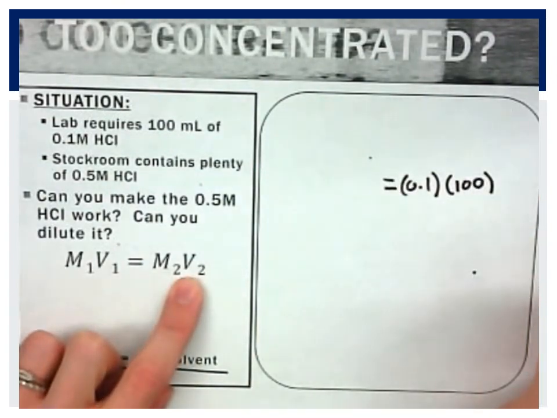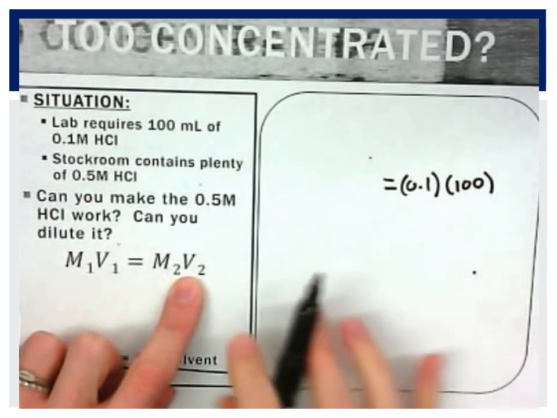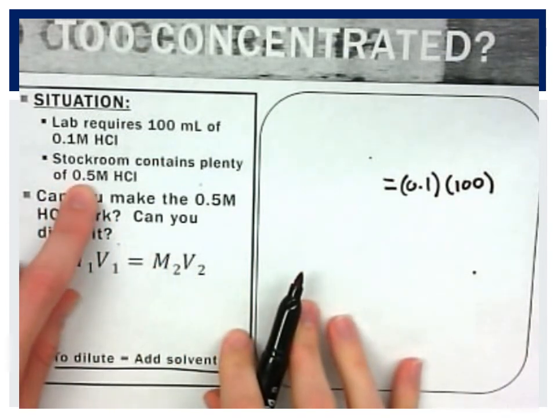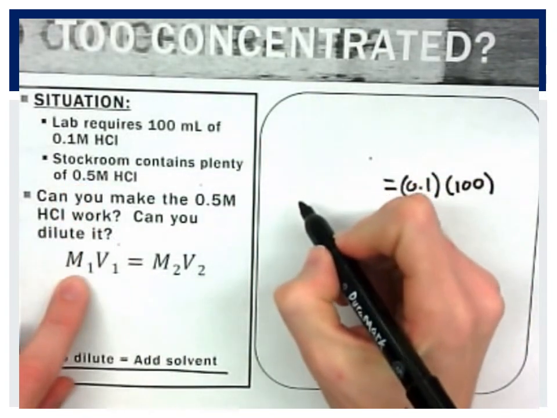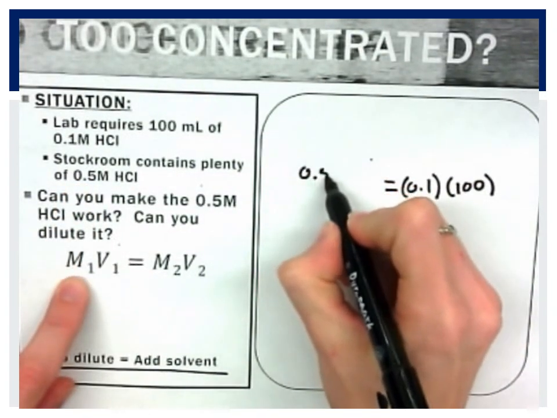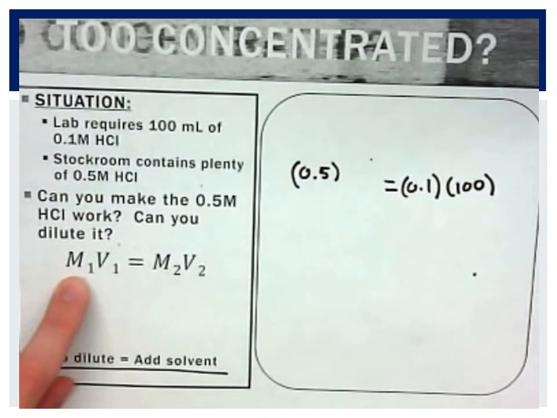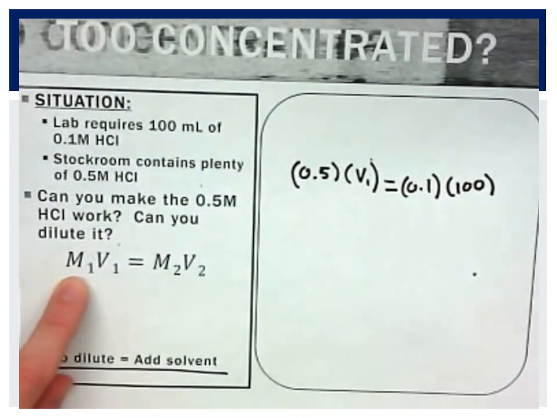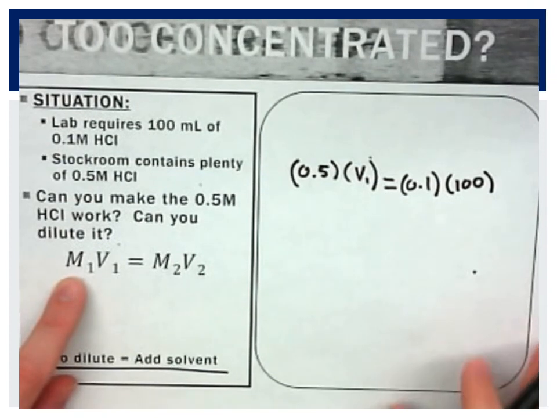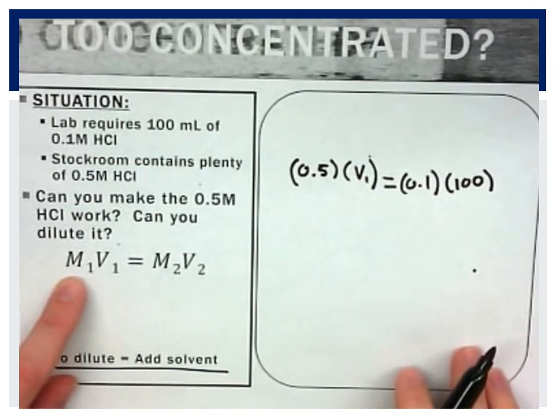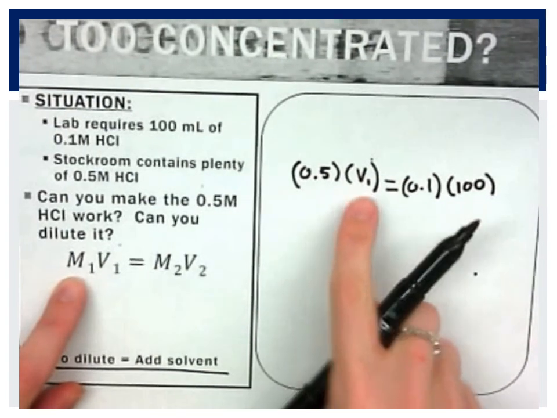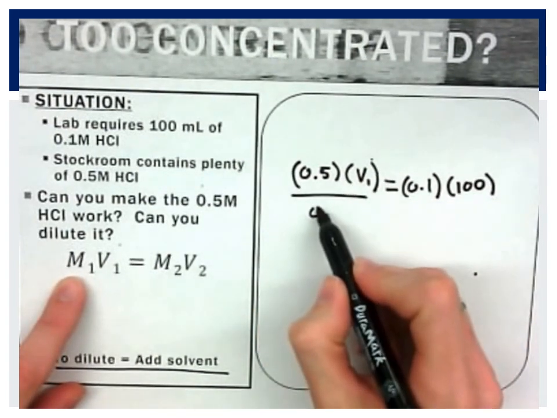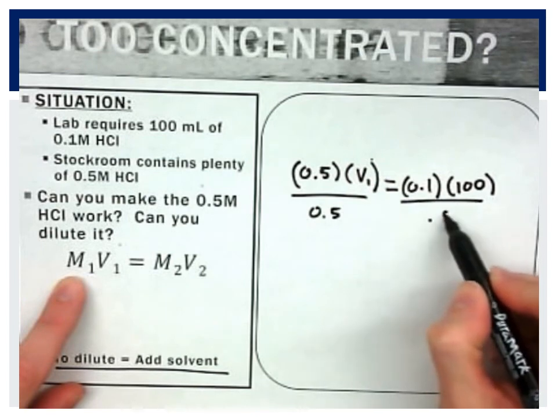The question becomes then, how many milliliters of this 0.5 molar solution do we need then? So my initial concentration is 0.5, and I'm looking for how much of that I need within that total of 100 milliliters in the end. So to solve for V1, I just want to divide both sides by 0.5.